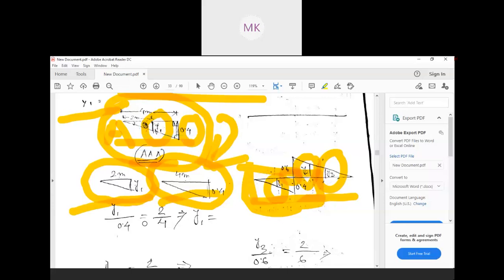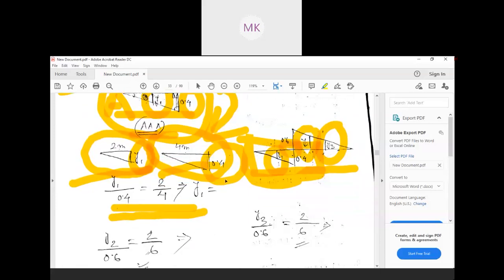Now if we use the similar angle condition, what will we get? You can simply write y1 by 0.4 is equal to 2 by 4. I think all of you understand this.